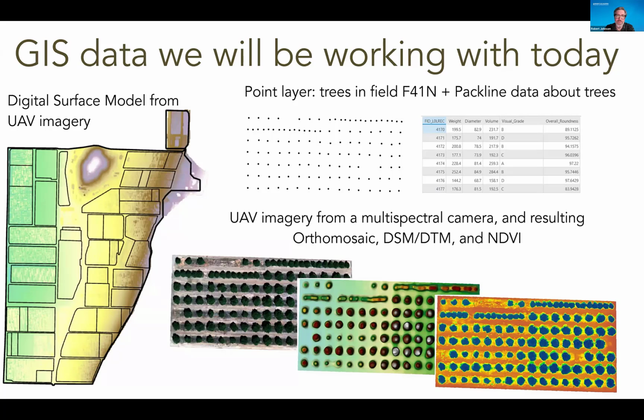And then we have some more UAV drone imagery that's going to be a regular RGB orthomosaic, the multispectral data, the DSM, which we mentioned earlier, and also NDVI, which is an index you can get from calculating to monitor vegetative health.